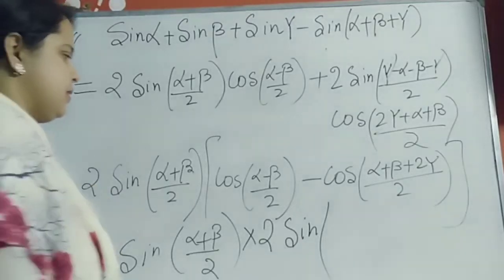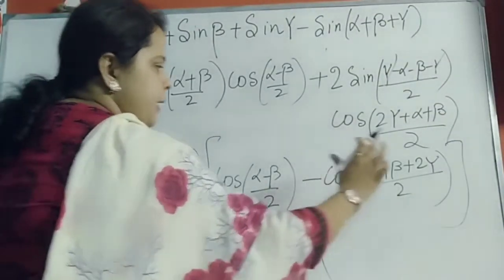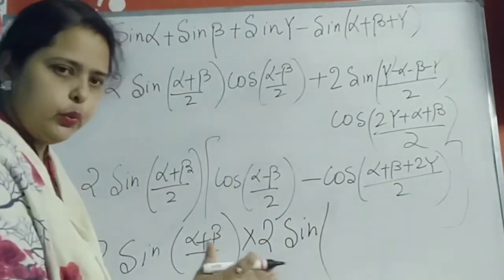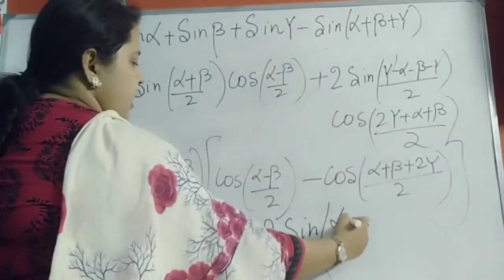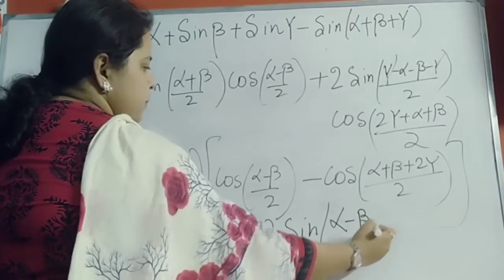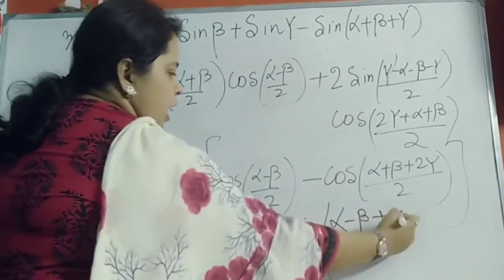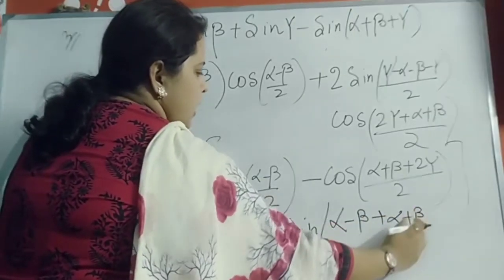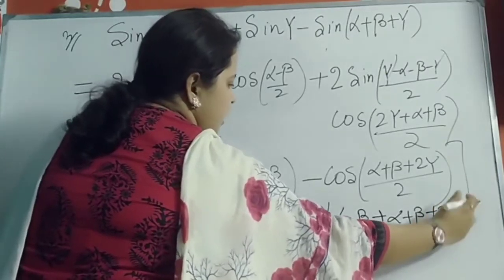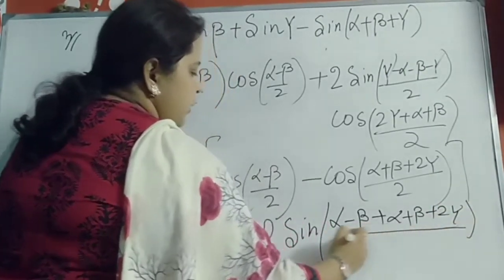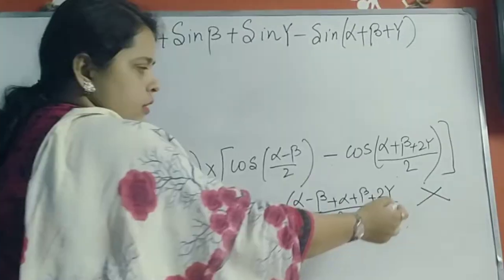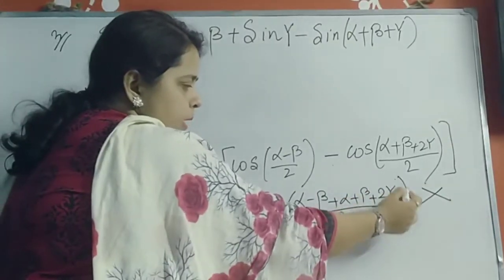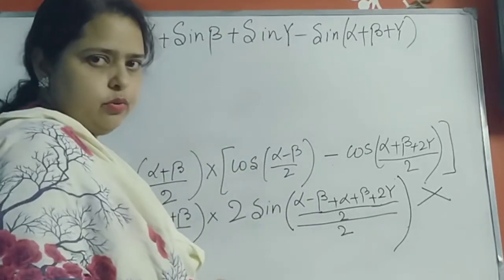So let's see what happens. So this plus this by 2, this is going to become a bigger one. See, alpha minus beta plus alpha plus beta plus 2 gamma by 2, by 2, and the bracket closed.